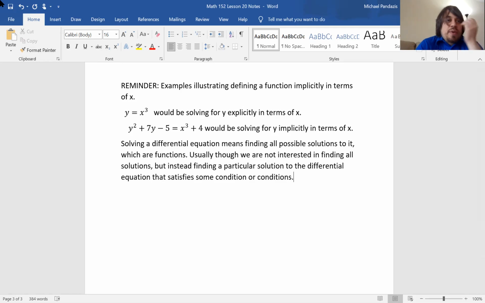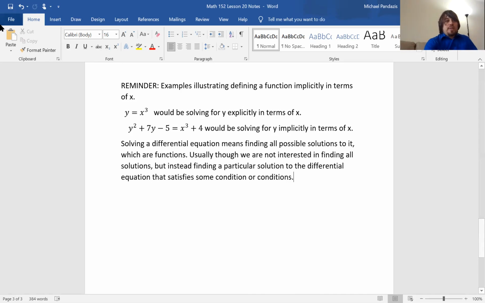A differential equation could have infinitely many solutions, infinitely many functions that solve it, which you can express in some algebraic form to represent all of them.